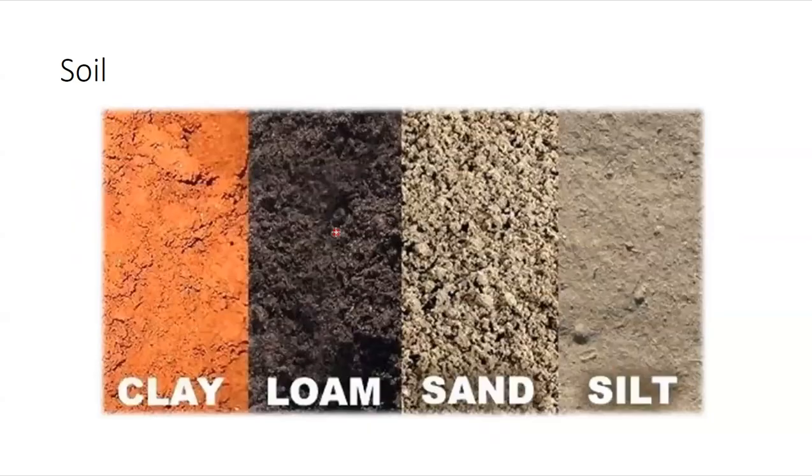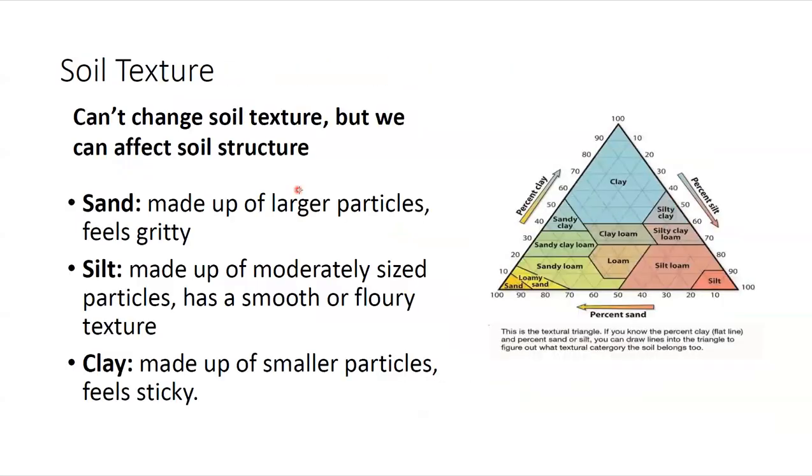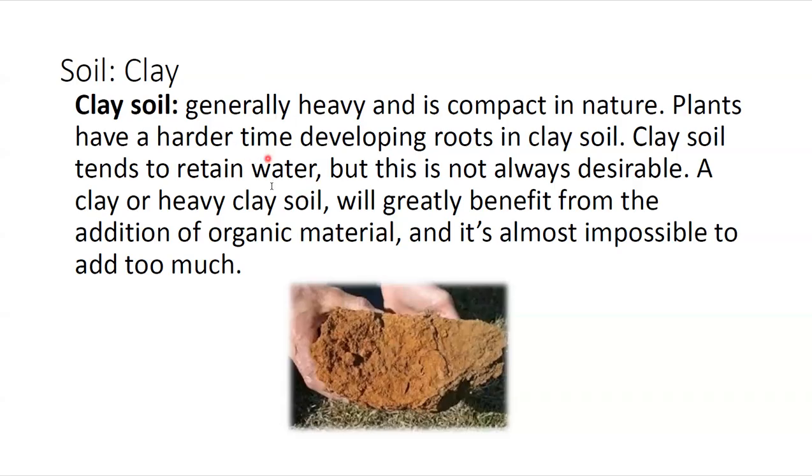And remember, we want, in an ideal world, an even split between air and water. But clay soils have a tendency to have a higher water content until there's not enough water. And then all of a sudden, there's zero available water for the plant. So how do we fix this? Add a bunch of organic matter.